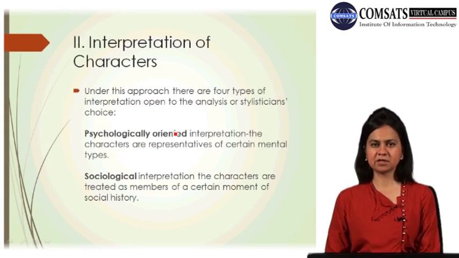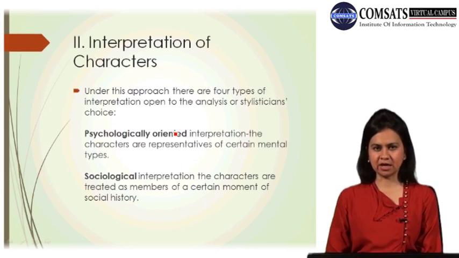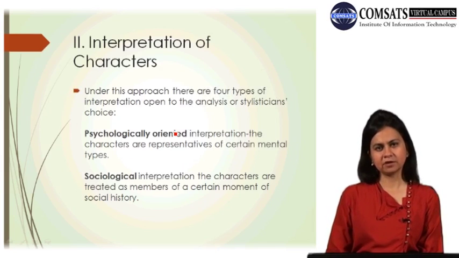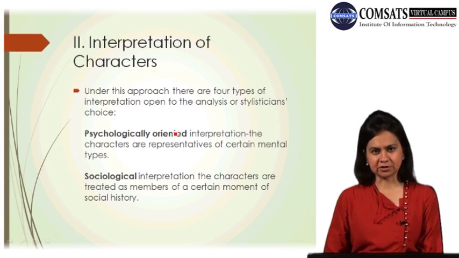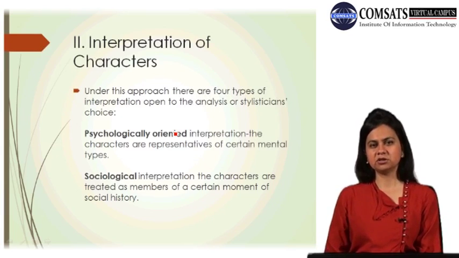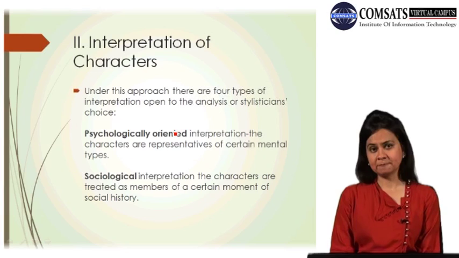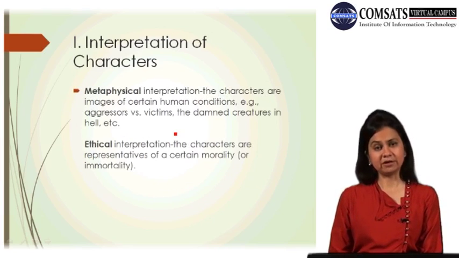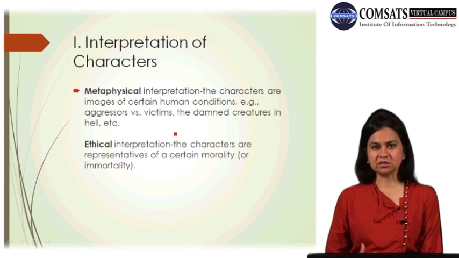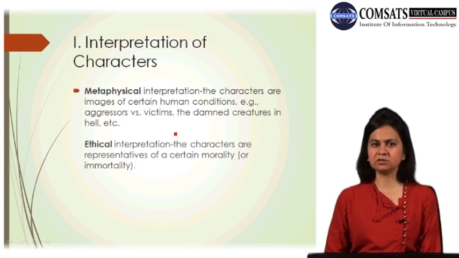These orientations, perspectives or interpretations show us from which angles a character can be looked at, and what other associations can be drawn or implied with a character which the writer has created, which on the surface might appear to be revealing some distinctive qualities. But when the analysis is started from various angles like psychological, sociological, ethical, or metaphysical, certain other meanings of the text and the characters are revealed to the reader.